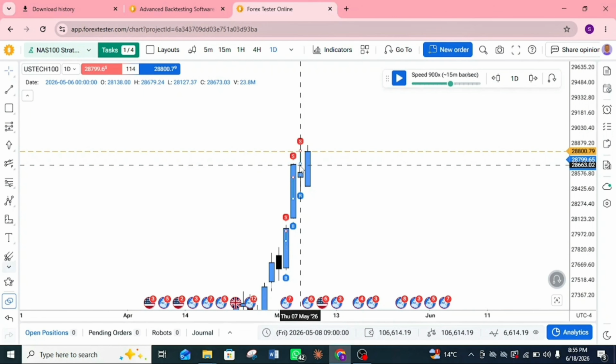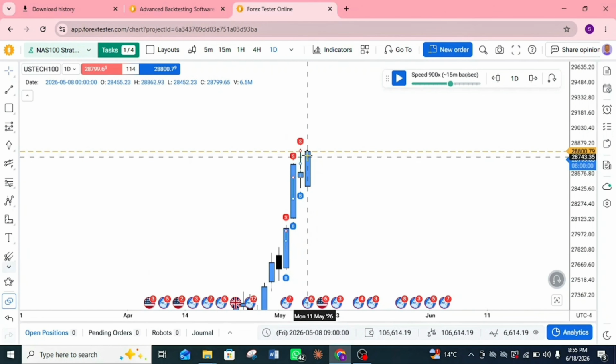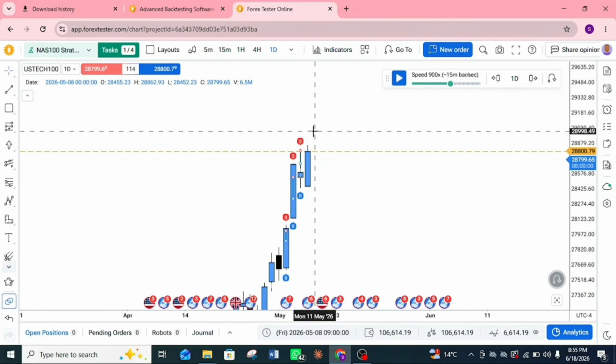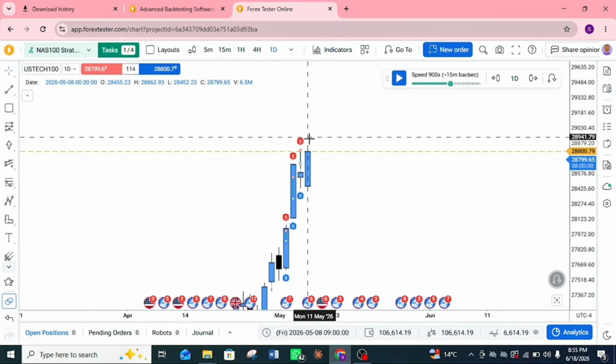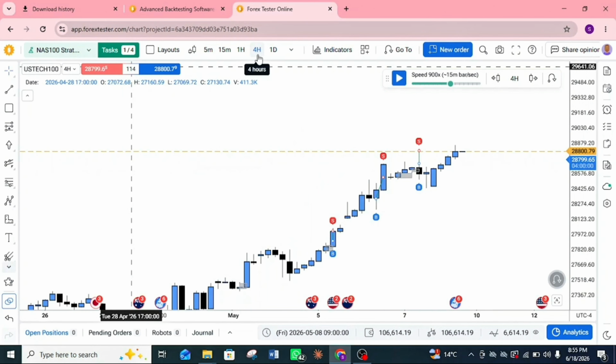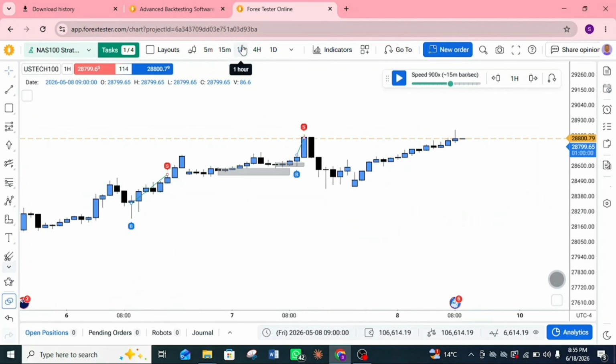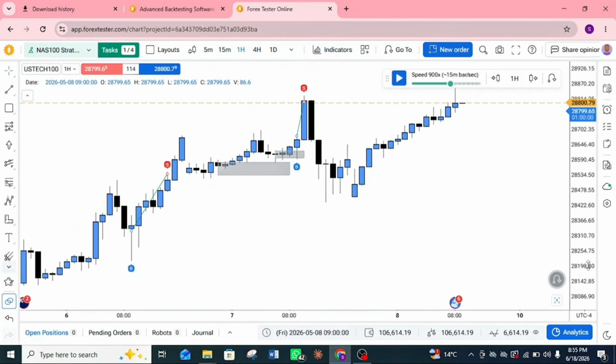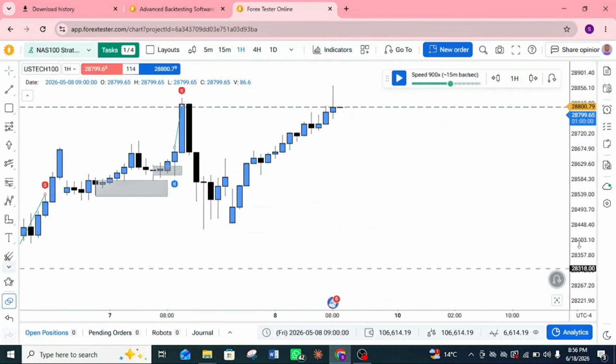Okay, so now let's go. Let's see, on the daily we are bullish basically, and on the 4 hour, let's see the 4 hour. In the 4 hour as well we're bullish. On the 1 hour, okay, this day seems nice.